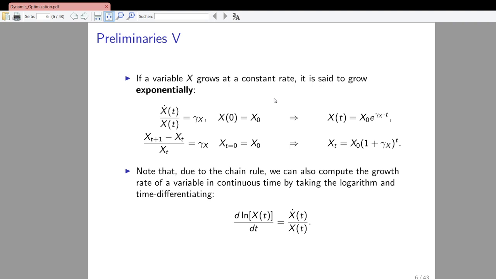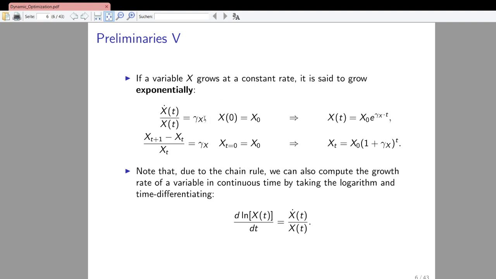And basically, as we will see later on, this is the simplest formulation of a differential equation, and this is the simplest formulation of a difference equation. And the level of the variable at time t is basically the solution of this differential equation. If we take the particular starting value, then we get the particular solution of the differential equation.